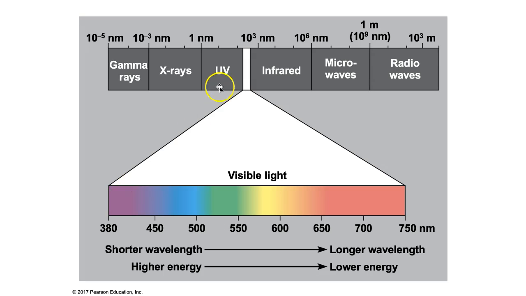After violet, we have UV, which is ultraviolet, and you know that you can't see that, but it can damage your cells, your DNA. X-ray, again, you can't see that, but it can damage your DNA. And then gamma rays are extremely small. I remember reading a story about gamma rays being present in outer space.